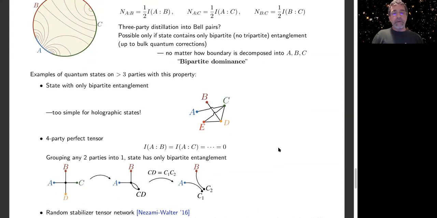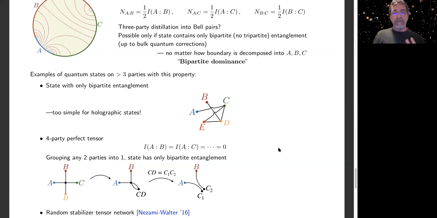Now it's important to understand that this is not saying that holographic states only have bipartite entanglement. It's a particular statement that when you do the grouping of the boundary into 3 regions, then it falls apart into only bipartite entanglement. What if I do the grouping into 4 regions?